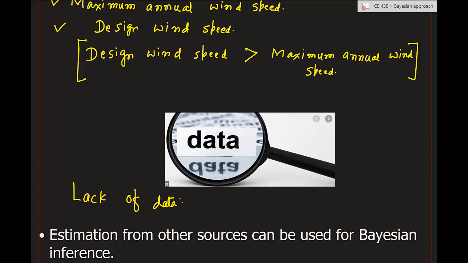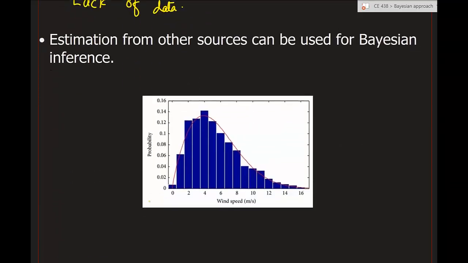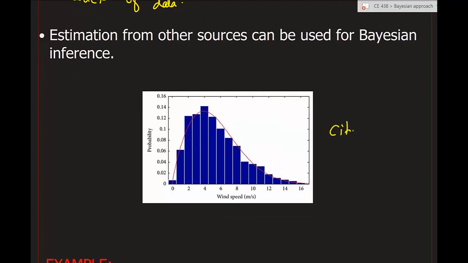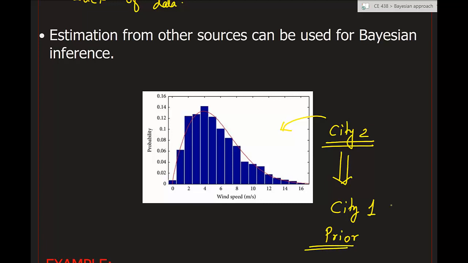So let's say for city 2 we have the observed wind speed data. We'll use the data from city 2 to define a prior distribution for city 1, which is relatively new, where we don't have the long-term wind speed data.